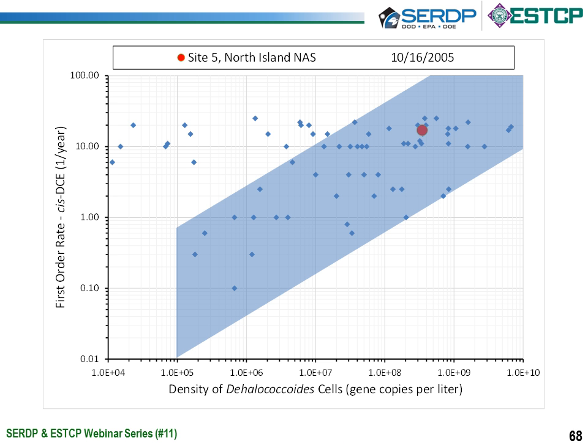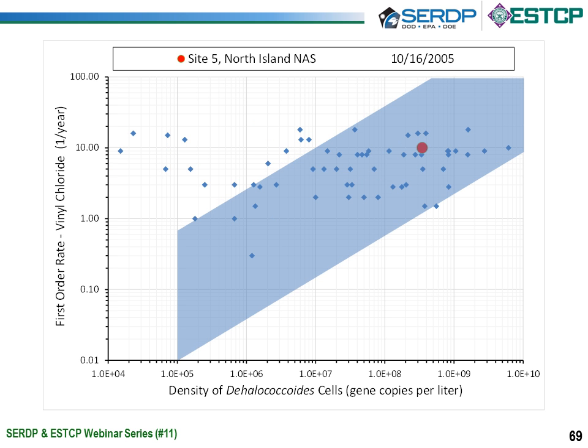And again, it shows where it plots, and it plots actually in the middle of the distribution for degradation rate constants for cis-DCE, and in the middle for the distribution for rate constants for vinyl chloride.